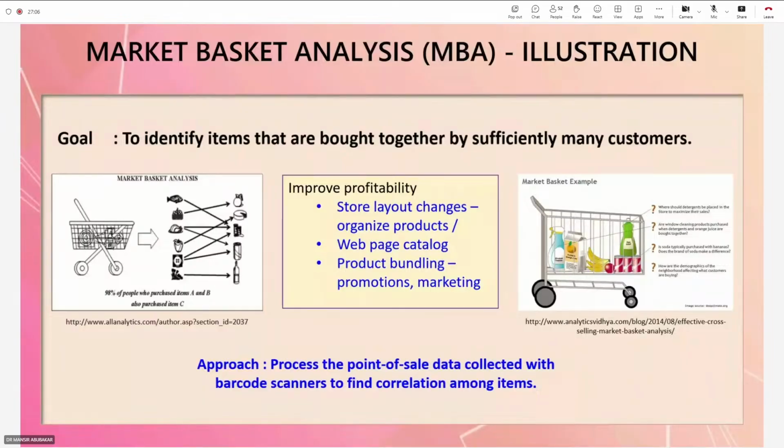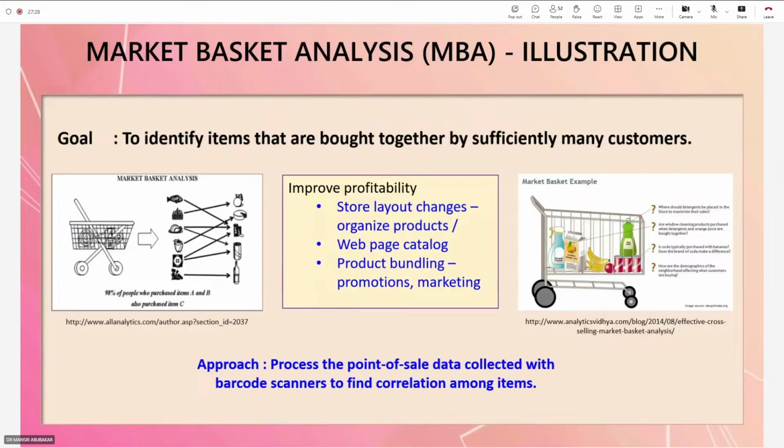So the approach is to process the point-of-sale data, collected with barcode scanners or whatever means, to find the correlation among the items. You take whatever you want, go to the counter and pay, and then they record it. That report is the data they capture when we make purchases.